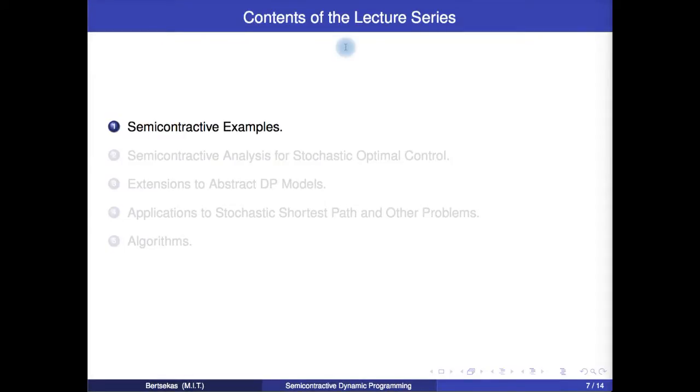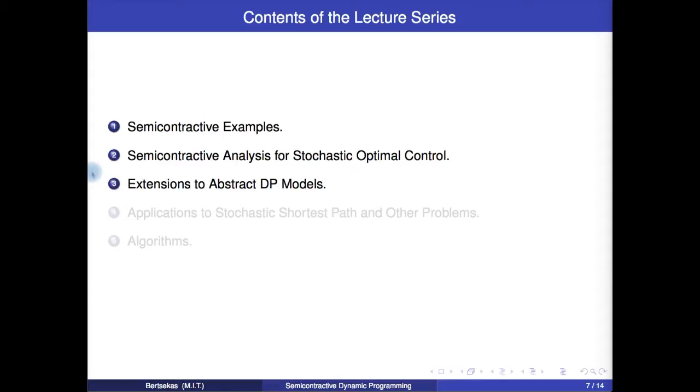Let me now summarize the contents of this lecture series. In the first lecture, this one, we're going to deal primarily with examples as well as general orientation. In the next lecture, we're going to pass into mathematical analysis of semi-contractive problems, but for a special case, the familiar case of a stochastic optimal control problem.